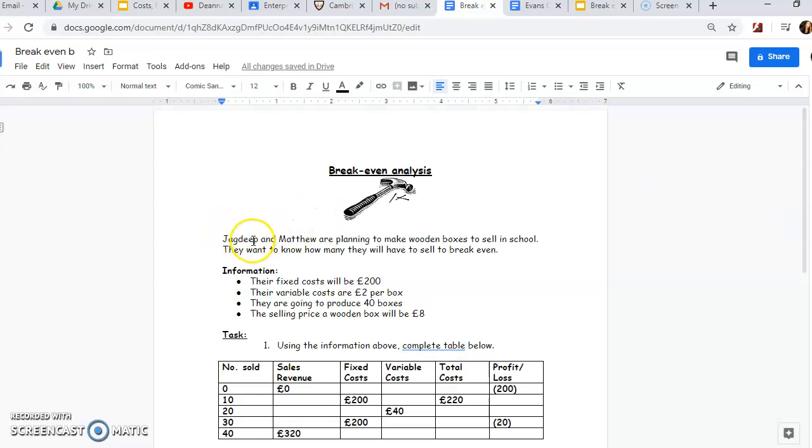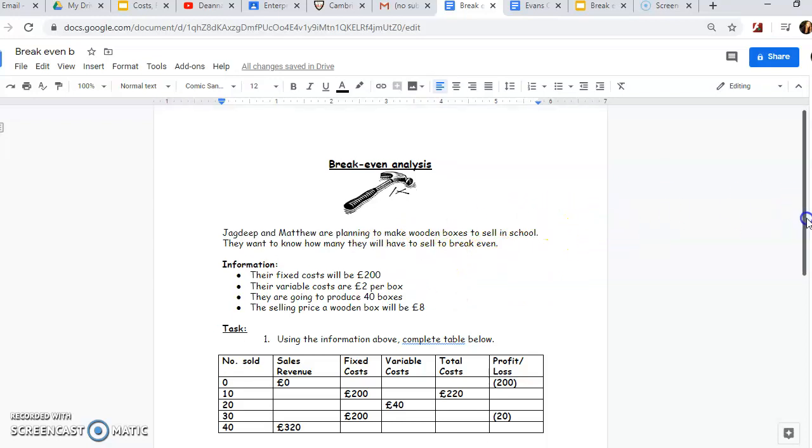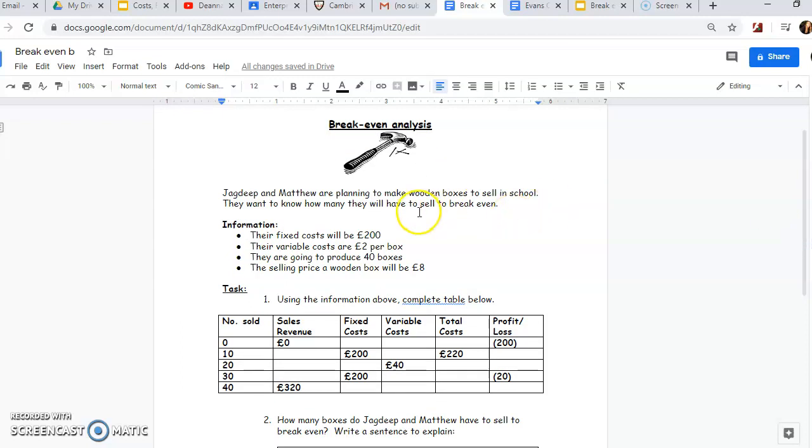So we've got these two people here that are planning on making wooden boxes to sell in their school. They want to know how many they will have to sell to break even, to get to the point in which costs are identical to the sales, so the revenue equals the cost.